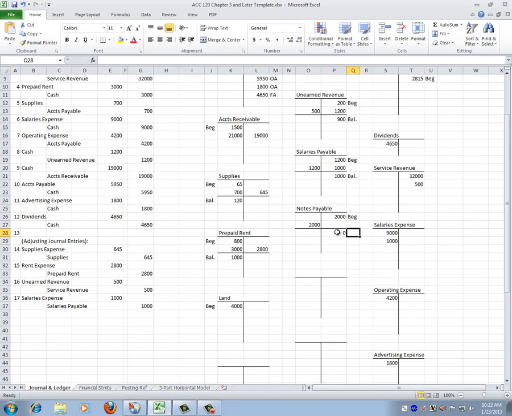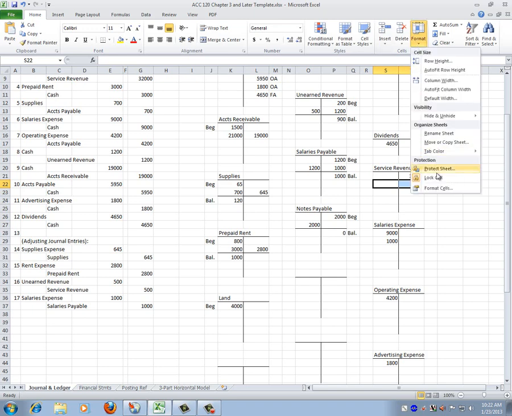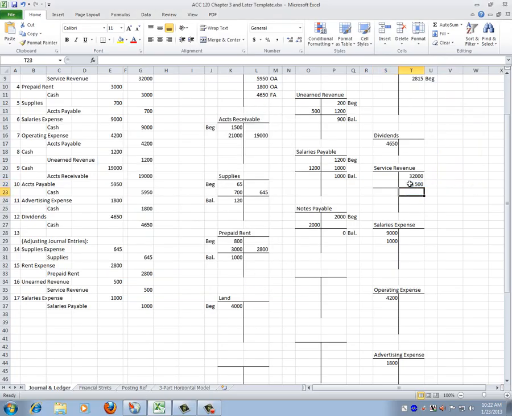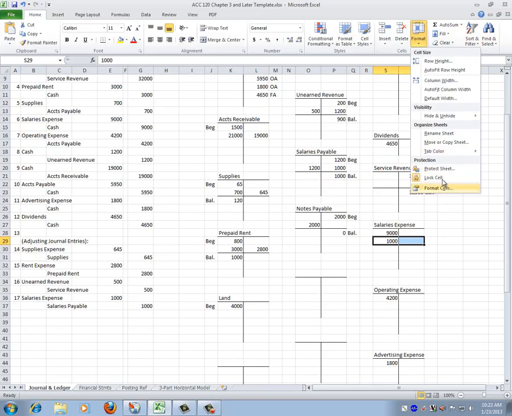We had paid that off earlier in the year, that principal balance. Let's see, service revenue brings it to $32.5. Salaries expense brings it to $10,000 we've incurred.